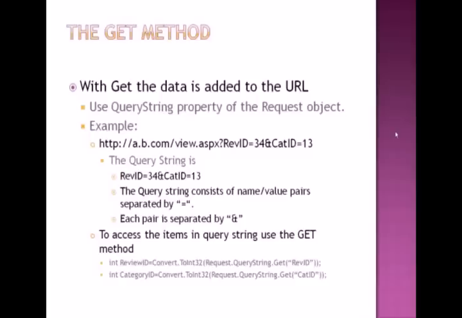Request objects request data from the browser, because now we're on the server side, and a response object sends data out to the browser. We saw how we could request a cookie, for example, from the browser.